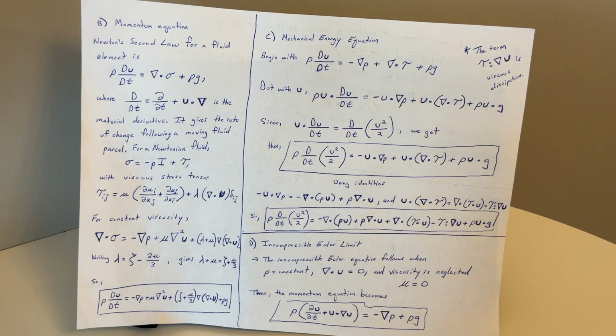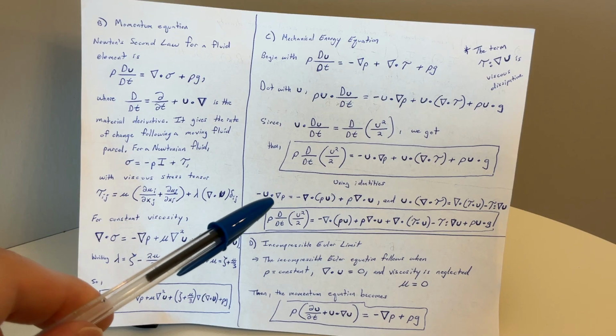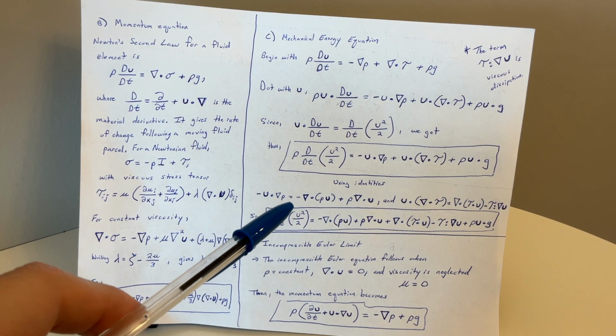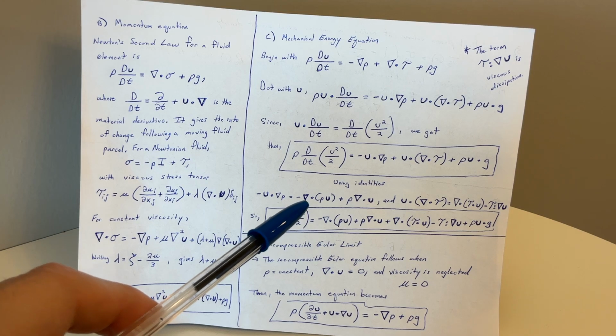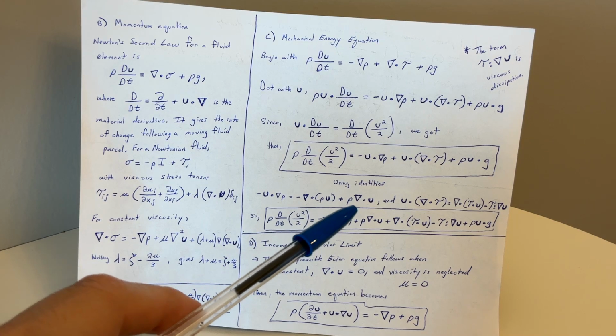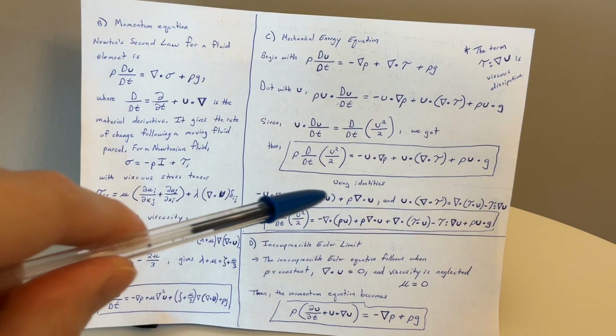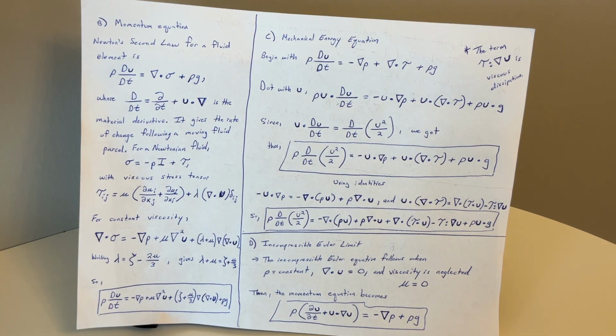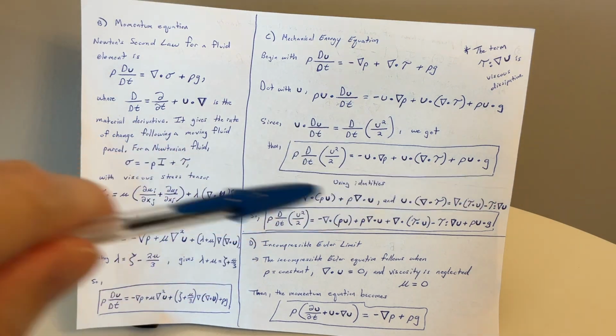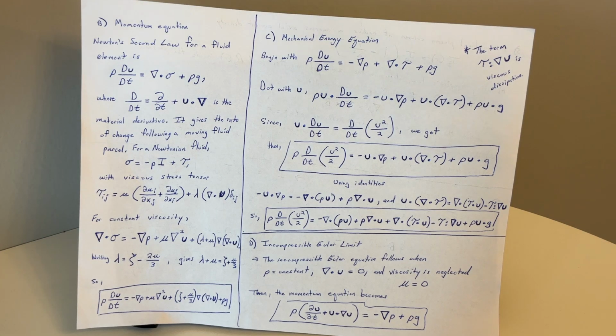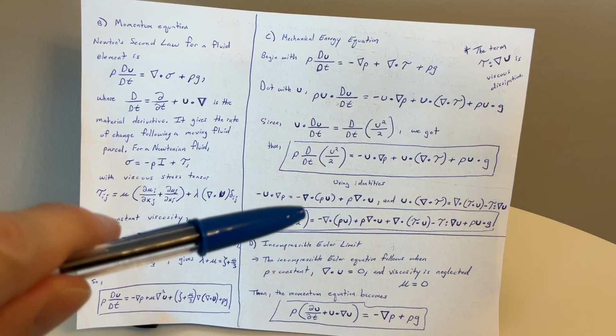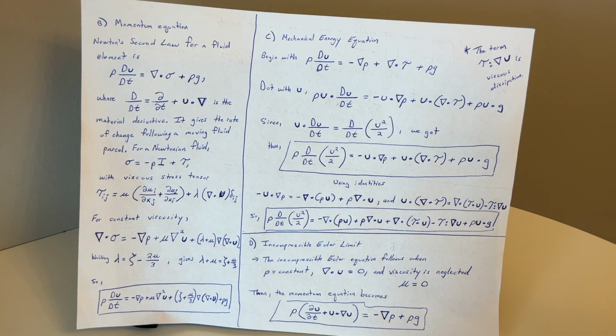So if we use identities at this point, negative u dot del p here equals negative del dot p u plus the rest. I'm not going to read out these identities because they're a tongue twister. When we substitute these identities into our previous equation, we're going to get rho D/Dt of u squared over 2 equals this whole thing for the mechanical energy. And this is, again, textbook stuff for letter C.